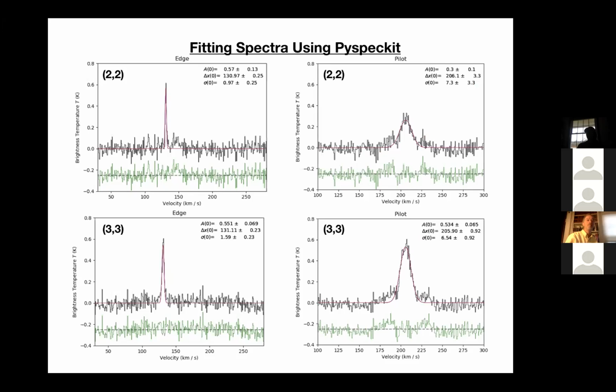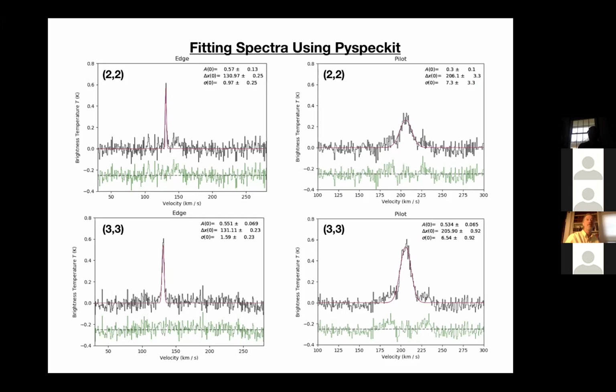To disentangle if we had multiple components that could be just blended within our beam, we would need much higher angular resolution to actually see if we have multiple components that could be contributing to it. But right now, within our single beam size, we're seeing much broader line widths. But again, yeah, that could be from multiple components that are just blended within that region.